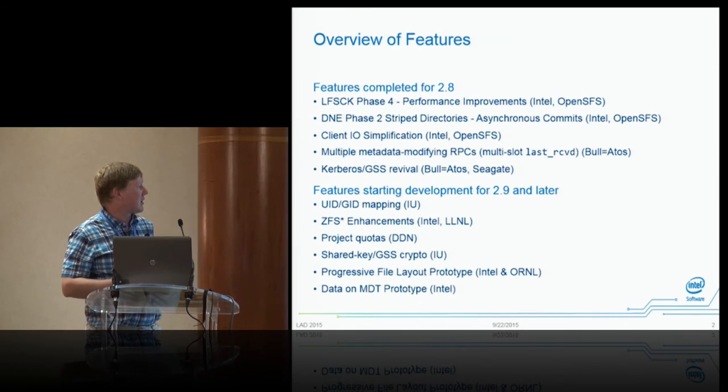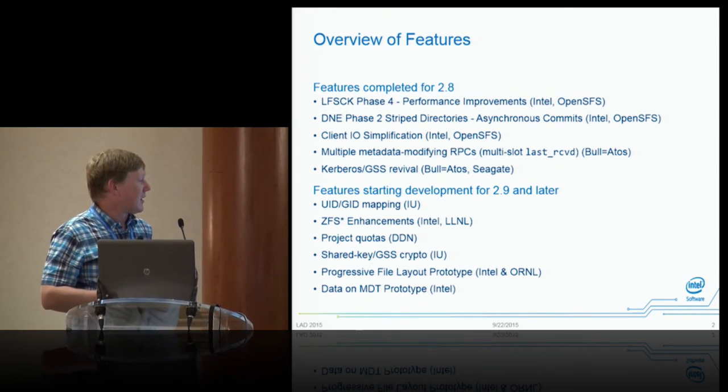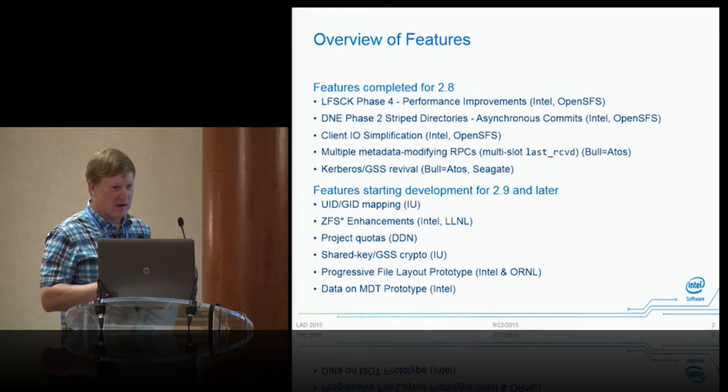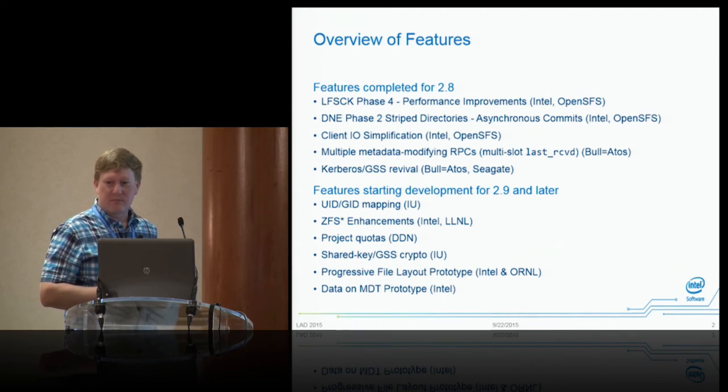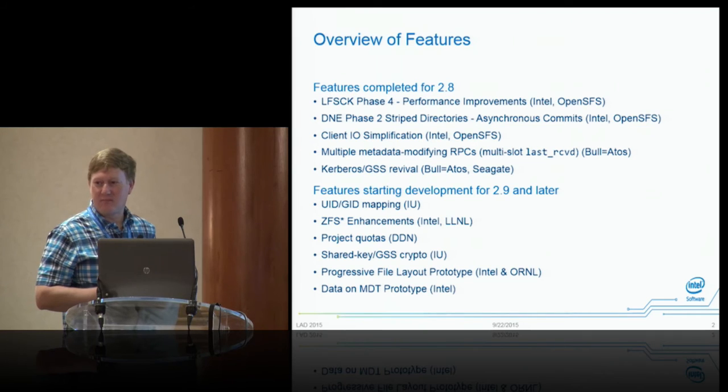So today I'll be talking about features that are upcoming in Lustre 2.9 or later. As you can imagine, this is not a roadmap that's set in stone. Obviously we'll do our best.